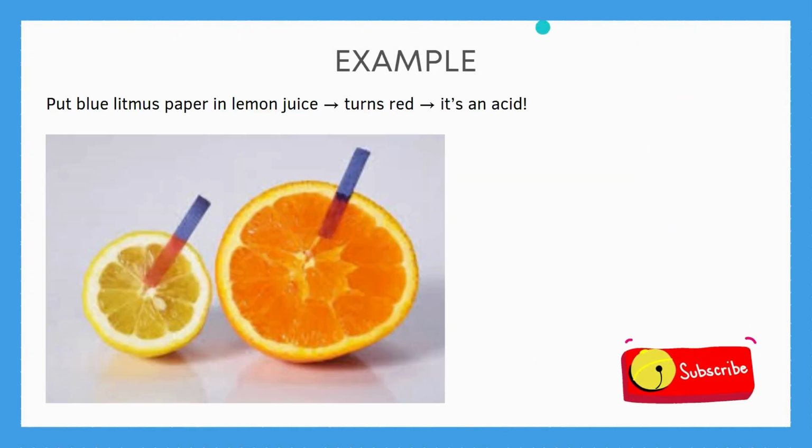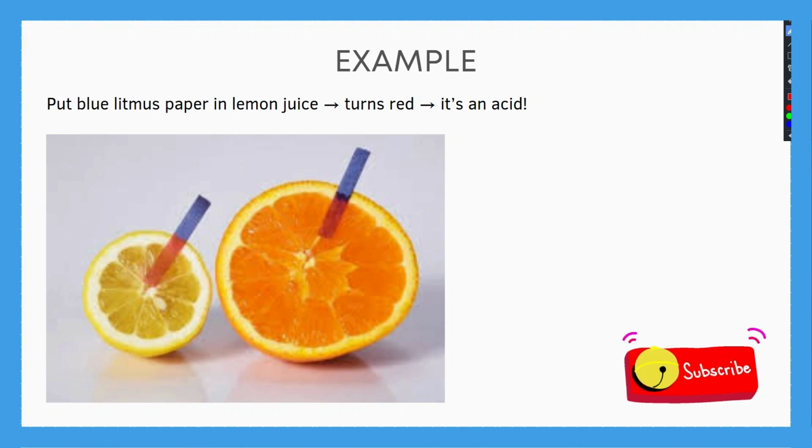And here is a very good example with one of the relatable substances that you have in your house. If you take the red or the blue litmus paper and you place it in lemon juice, I have a picture of some lemon fruits over here on my screen, and of course you know that lemon is acidic in nature.